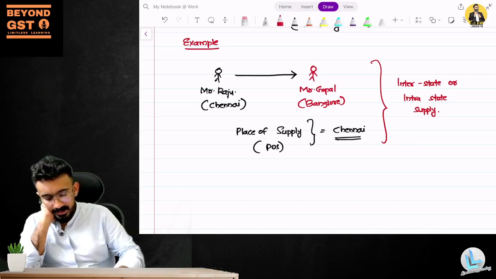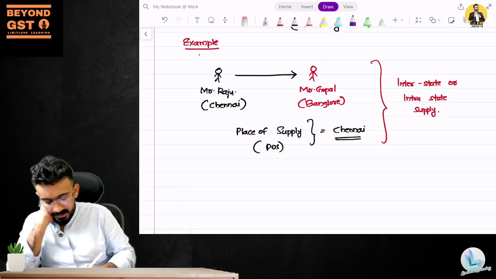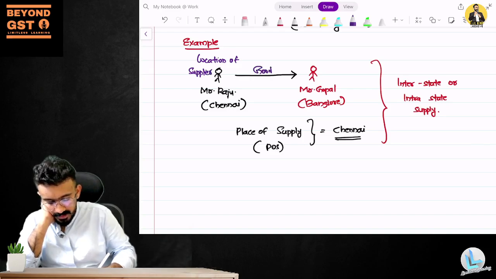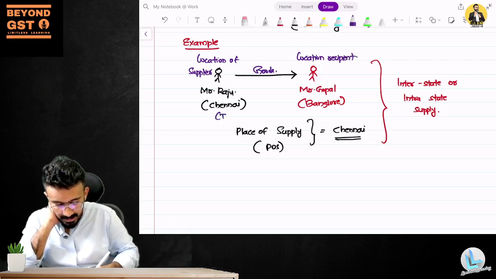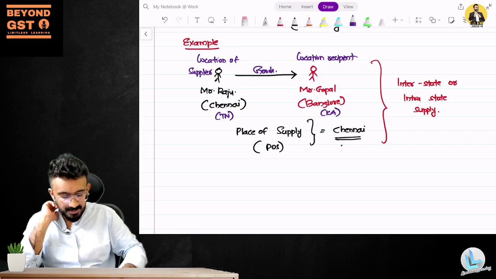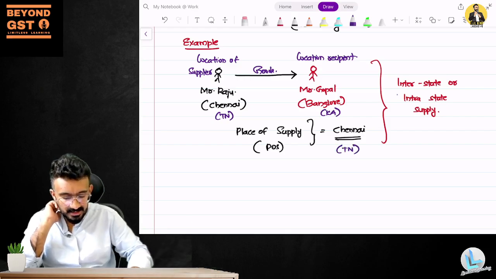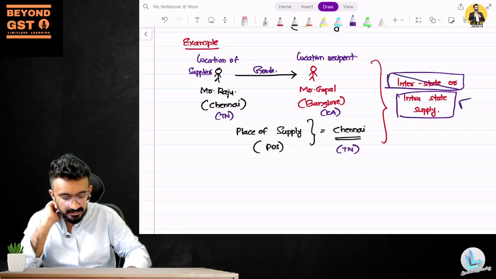Now we said, what is an intrastate supply? When location of supplier, suppose Raju is supplying goods to Gopal, location of recipient, both are in two different states. This is in Tamil Nadu, this is in Karnataka. However, place of supply is in Tamil Nadu, so it will become what supply? Intrastate supply, not interstate supply.